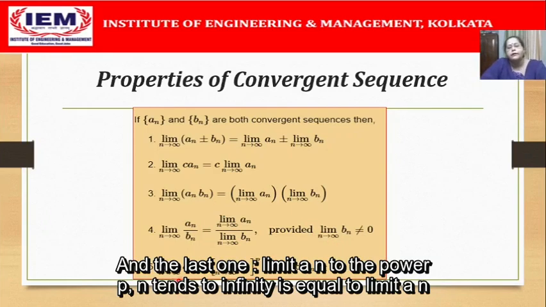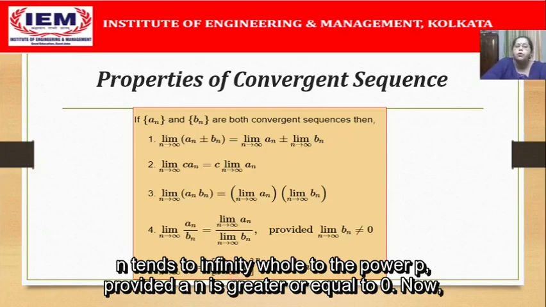And the last one, limit of a_n to the power p as n tends to infinity is equal to limit a_n whole to the power p, provided a_n is greater or equal to 0.